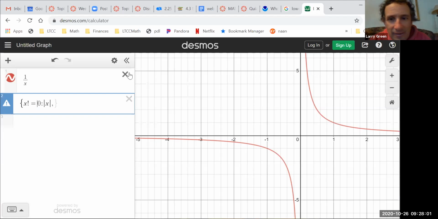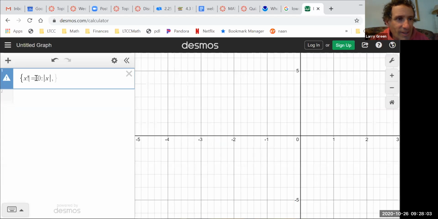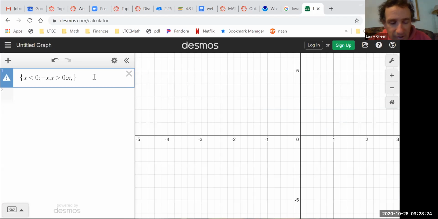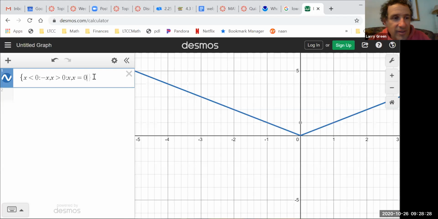No, I didn't like that. So I have to do x is less than 0, then it's negative x. And if x is greater than 0, then it's x. But if x equals 0, it's 2.